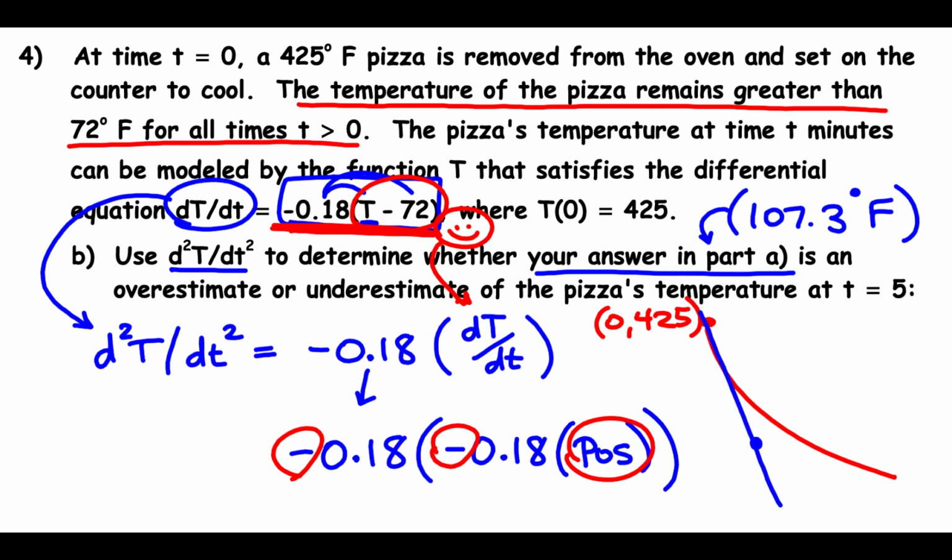And so 5 minutes later, I'm at 107.3, but the real temperature of the pizza is here at 5, we don't know, and we'll never be able to know. But my 107.3 is an underestimate. Why? Because the second derivative is greater than 0.